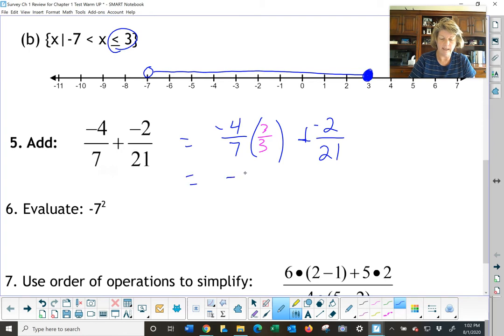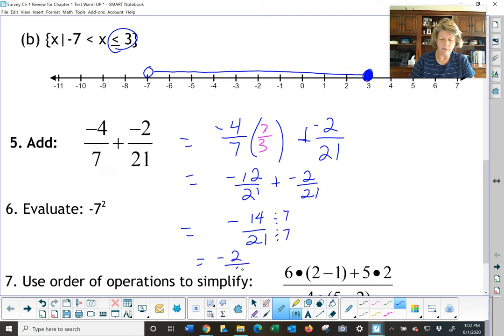That will look like negative 12/21 plus negative 2/21. Two negatives make more negatives, so I'm going to have negative 14/21, which indeed can be reduced. Let's divide both by 7. So we're at negative 2/3. There's our answer.